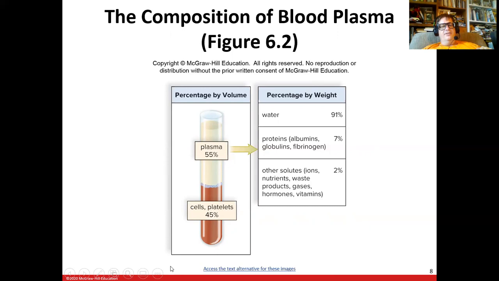Then you'd have this layer right here. It's this thin white line. We call that the Buffy coat. That's the white blood cells and the thrombocytes, the platelets. You see how there are way more red blood cells than there are white blood cells when you look at this. And then all the stuff above it is the plasma, which is thick, sticky fluid, lots of albumin proteins. All right, moving on.